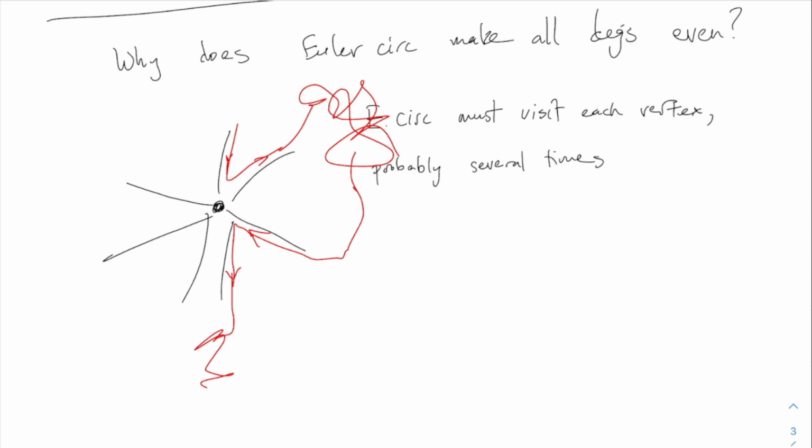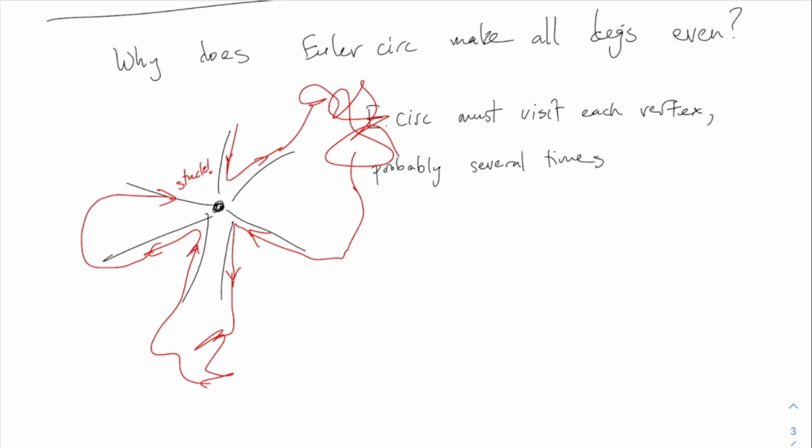It has to have some number where it comes in, and then some number where it goes back out. And actually, this red line is not allowed to arrive and then not leave afterwards, because it has to be a circuit, which means it has to end up eventually back where it started. This line here comes in this way and then goes back out. Now, in this picture, it comes in there and then it's going to get stuck.